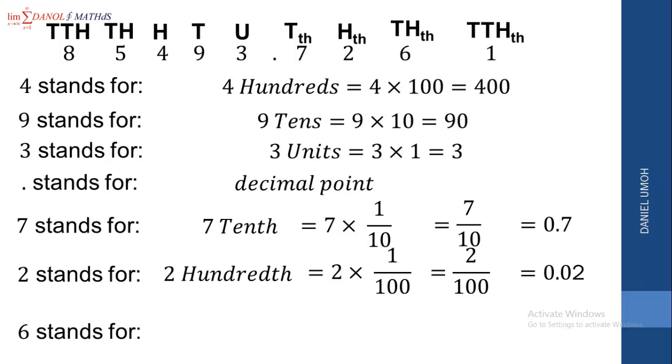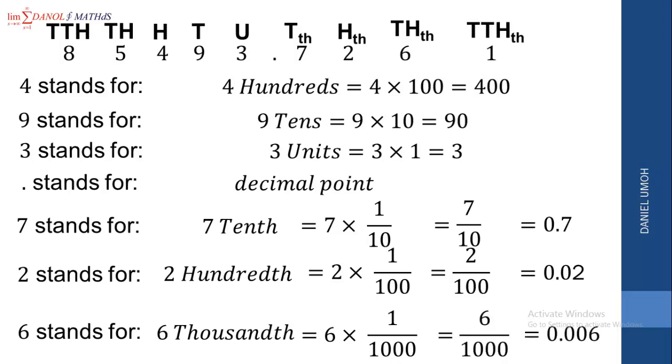The next one is 6. 6 is under the thousandth position. So therefore, 6 stands for 6/1,000, and that gives us 6 times 1 over 1,000, because thousandth means 1 over 1,000. So 6 times 1 gives us 6 over 1,000. Then 6 over 1,000 gives us 0.006.